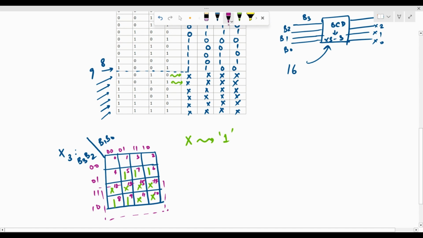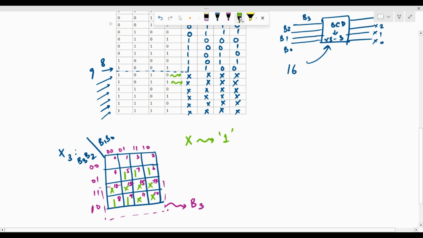Here, these two ones are grouped along with these don't cares, considering that these don't cares are acting as ones right now. So the expression for this particular group is going to be B3, because it's spanning across these two rows and only B3 is consistent in both the rows. If you look at the columns, since it's spanning across all the four columns, it's going to obviously change. B1 and B0 terms are going to change from 0 to 1, so they will not be involved in the expression.